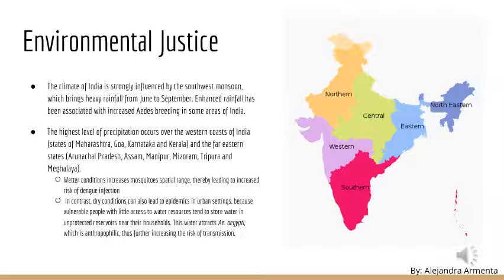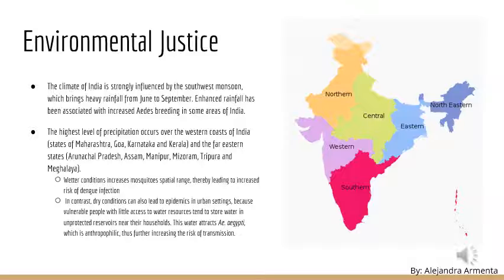Environmental justice. In India, elevated dengue risk has been found to be associated with suitable local temperatures and high rainfall. The climate of India is strongly influenced by the southwest monsoon, which brings heavy rainfall from the month of June all the way to September. Enhanced rainfall has been associated with an increase of Aedes breeding, which is another term used for mosquito breeding.